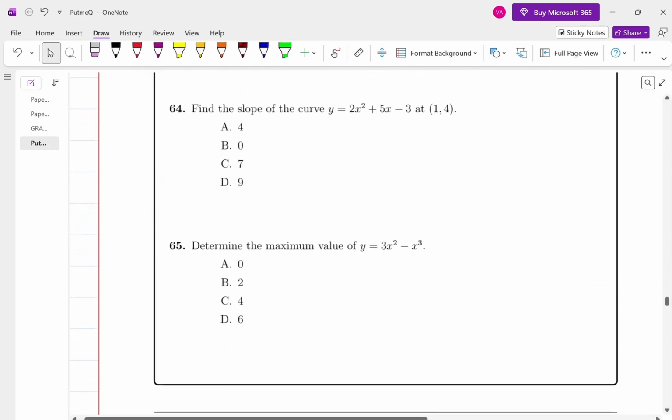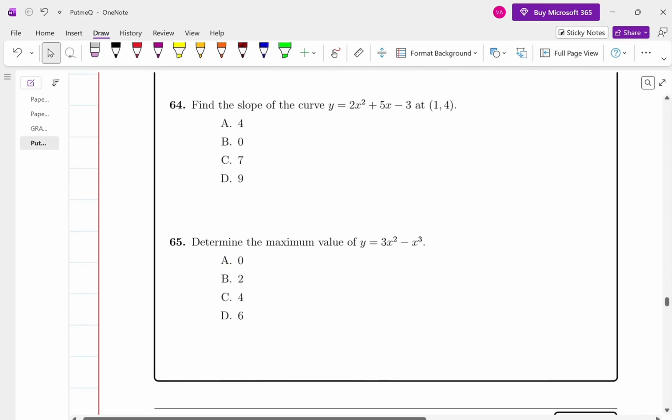Okay. So the next one says, find the slope of the curve y equal 2x squared plus 5x minus 3 at 1, 4. So for this one, let's differentiate first. So dy dx is going to become 4x plus 5. Now this very thing we found is the expression for the slope.